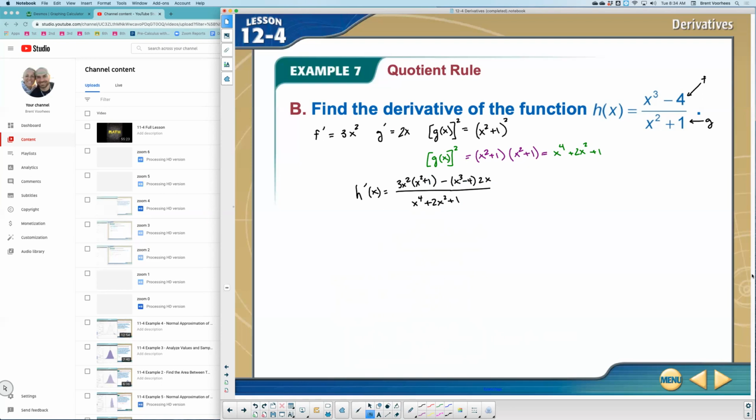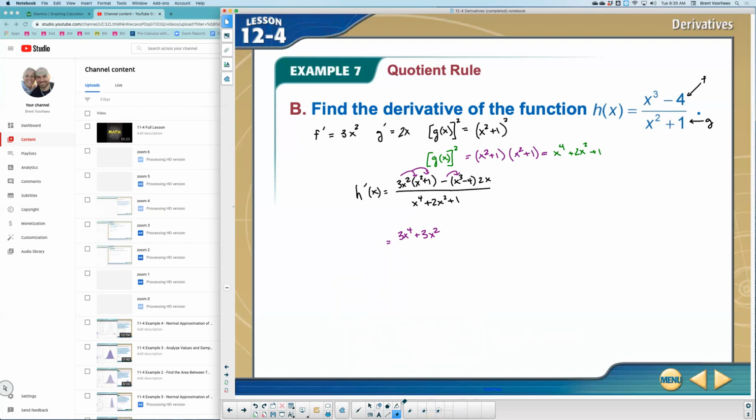Okay, so let's distribute out the numerator and see what we come up with. We will have 3x to the fourth power plus 3x squared. And now I need to distribute the negative through. Be very careful.